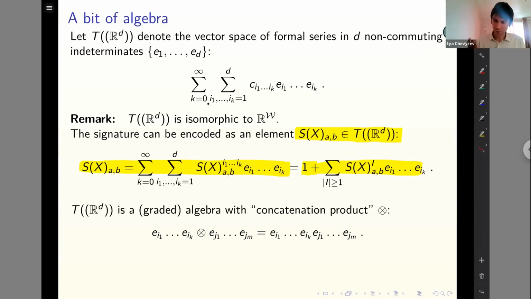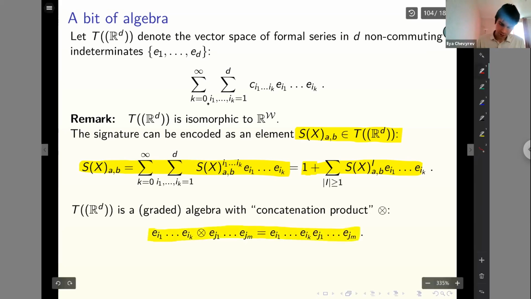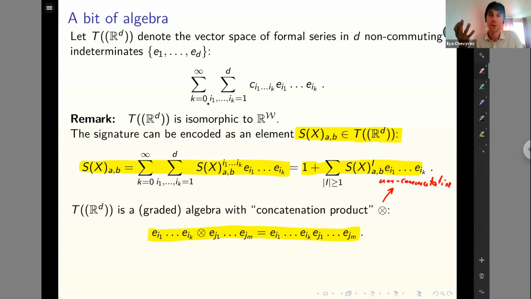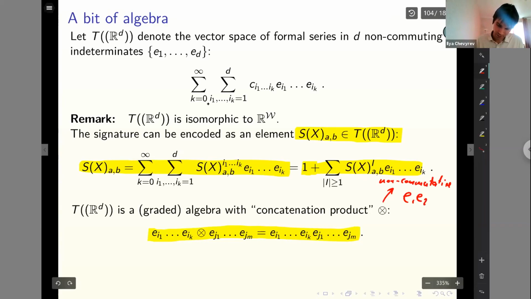This is the most obvious multiplication you can think of. And notice that this product is non-commutative, because as I said, these terms I just imposed are not commuting. So e_1 e_2 is not equal to e_2 e_1.